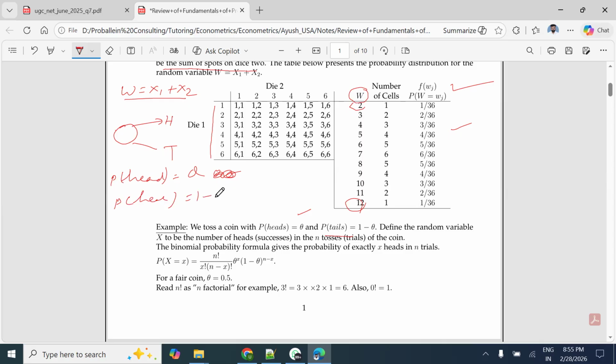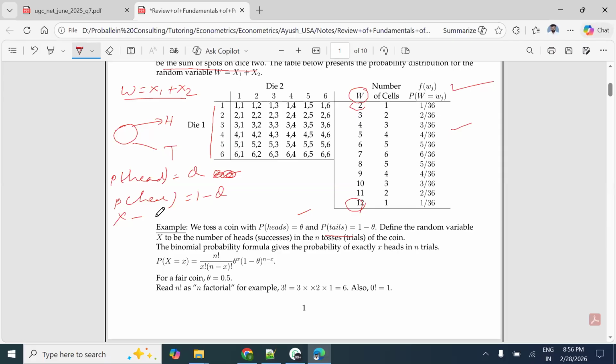So capital X is a random variable, the number of heads, where head is success, in the n tosses, also called trials. If you are doing n tosses, how many heads, which is success, will you get? Clear? Yes, sir.